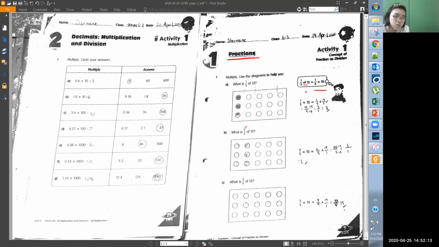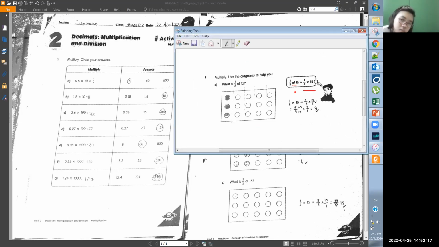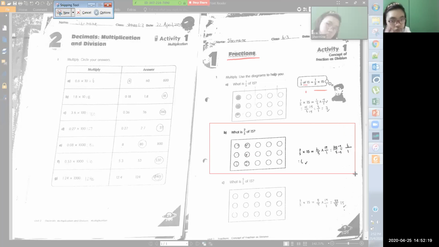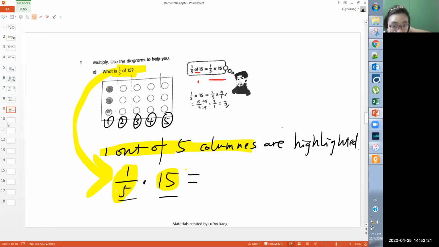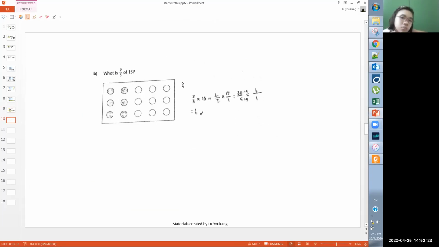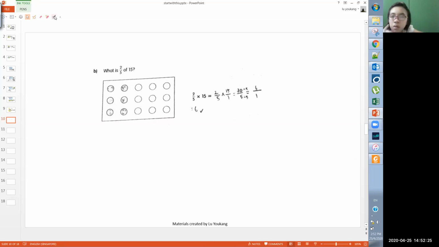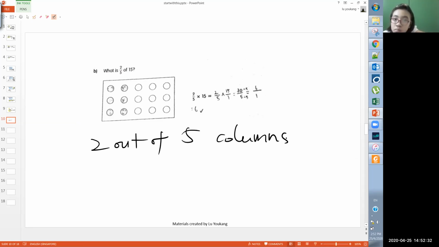So over here it says 2/5 of 15. So 2/5 of 15 means what? So 2/5 means 2 out of 5 columns. So this is the first column, right?